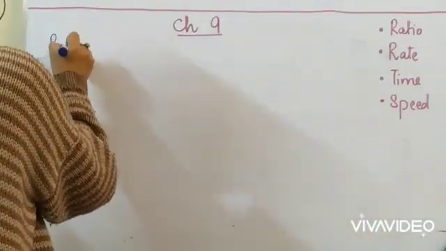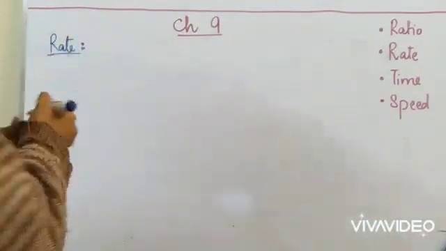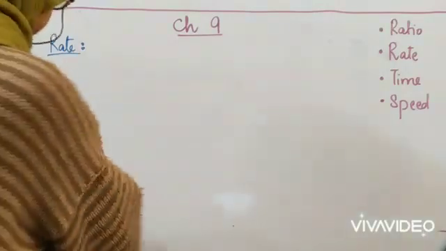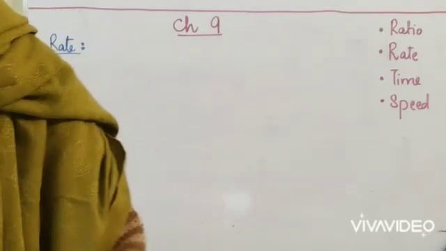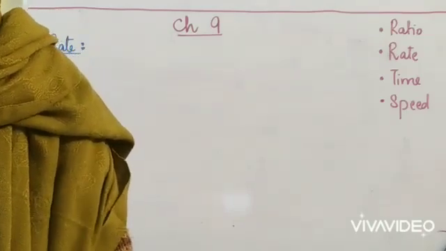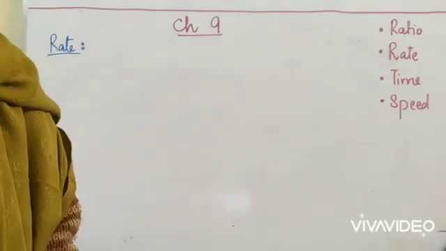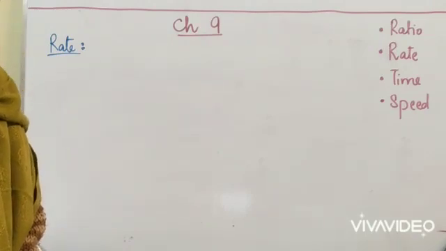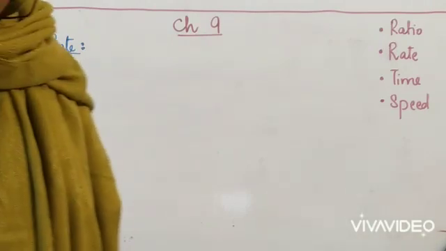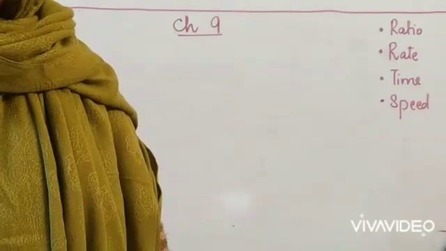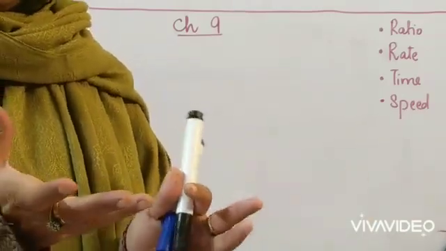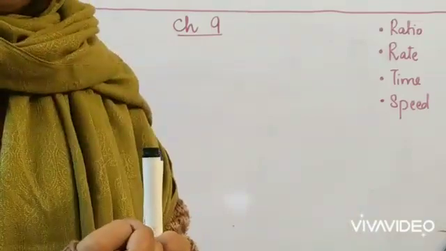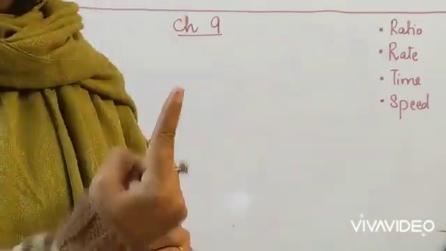Next topic is rate. Now for rate, I want you to open up your exercise 9B, which is on page number 217. In this question you see that something is given for more quantity and you have to find it for one, for each.